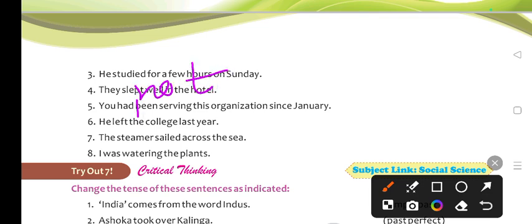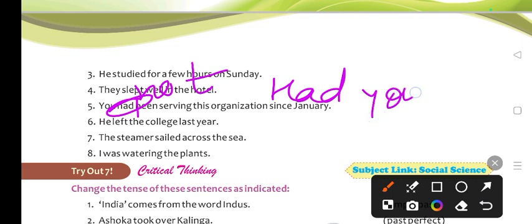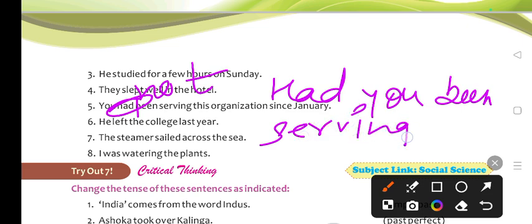You had not been serving this organization since January. And when you are changing it to interrogative, put had first, right? So, had you been serving this organization since January? And after this put a question mark.